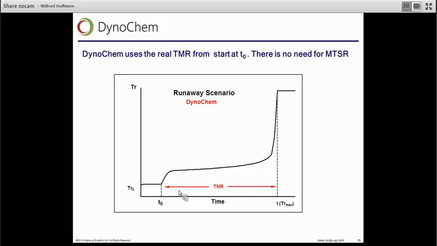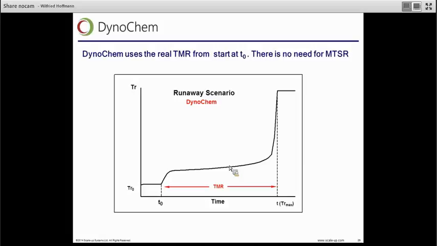When you have a reaction which is quite slow, maybe a low temperature reaction, then it takes quite a long time till you reach the MTSR. And therefore, the real time to maximum rate is much longer than the time to maximum rate by Gygax. That is for process safety of no concern, because you are on the same side. If the Gygax time to maximum rate says it's longer, then that's fine.